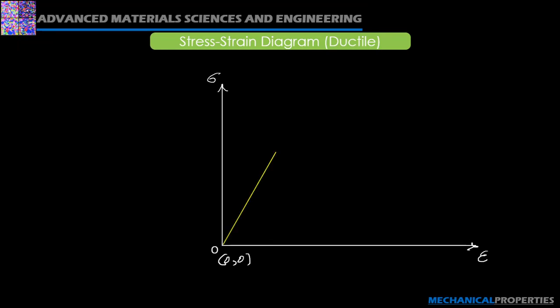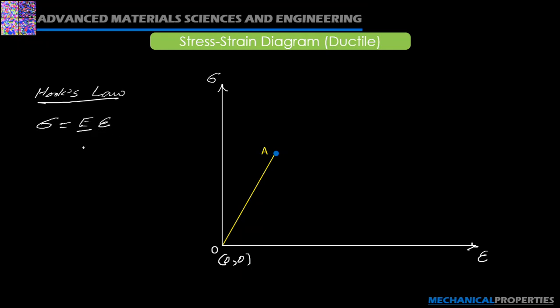Let's say on the application of load, we observe that till point A, the material follows Hooke's law. From 0 till A, the material follows Hooke's law, which means stress is equal to E epsilon.